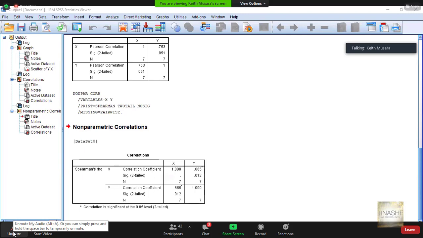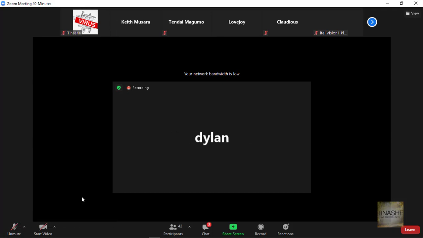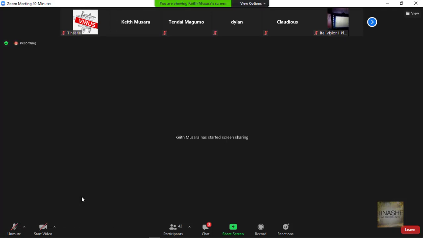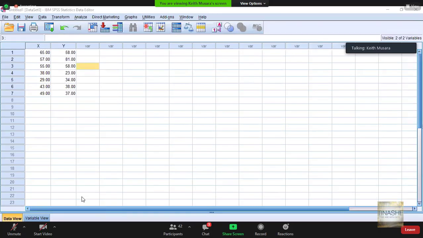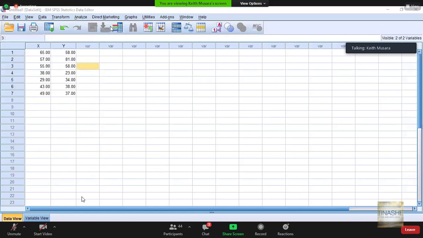So now I'm entering a new data set. When I'm entering a new data set, can you see my screen or the results? Let me share the screen. So now, suppose I need to enter another data set. I have to go to File and open a new window where I can enter my new data set.